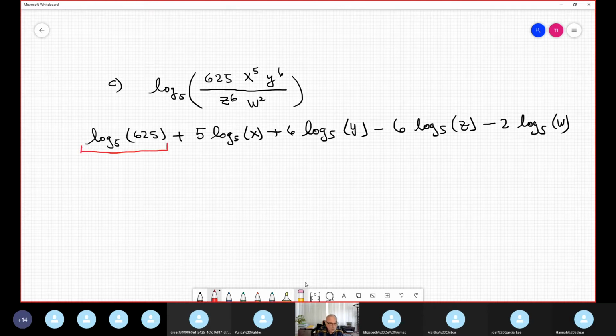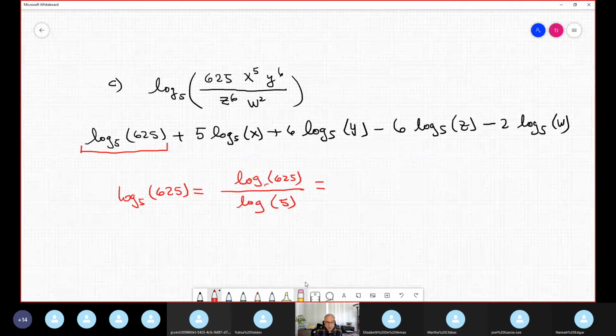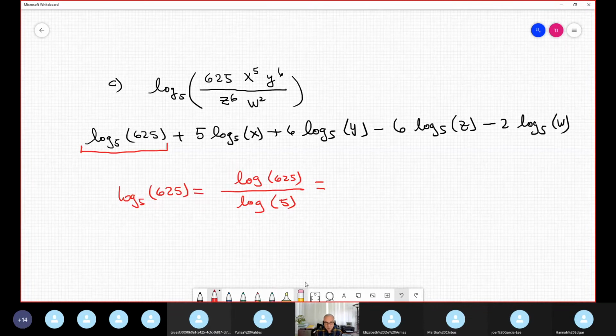In this case, I want to do it using the calculator. Suppose I change to a standard base. This is the logarithm of 625 divided by the logarithm of 5. Okay, remember when you see a logarithm where the base is missing, it's because it's 10. You put it in the calculator and the answer is 4. And the final answer is you replace this with 4 and end the story.